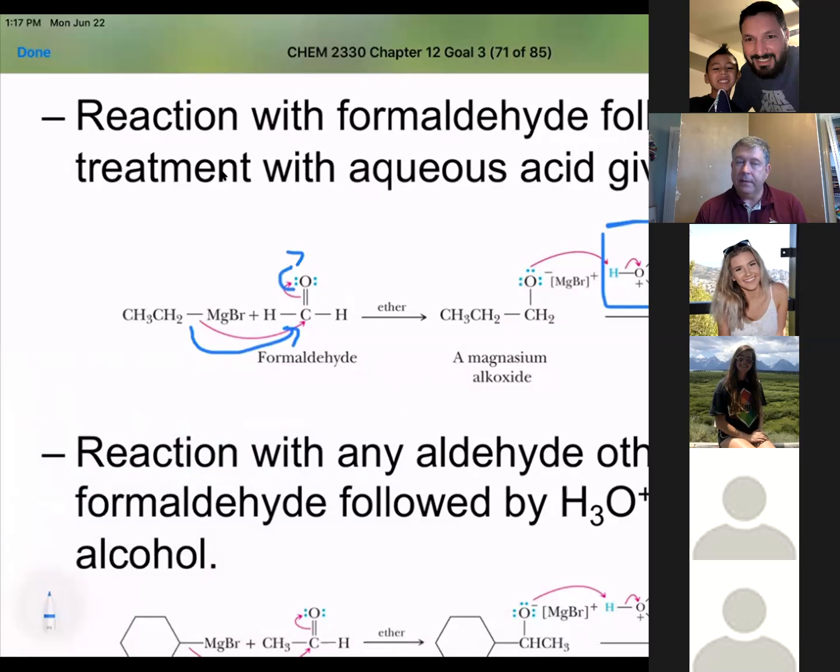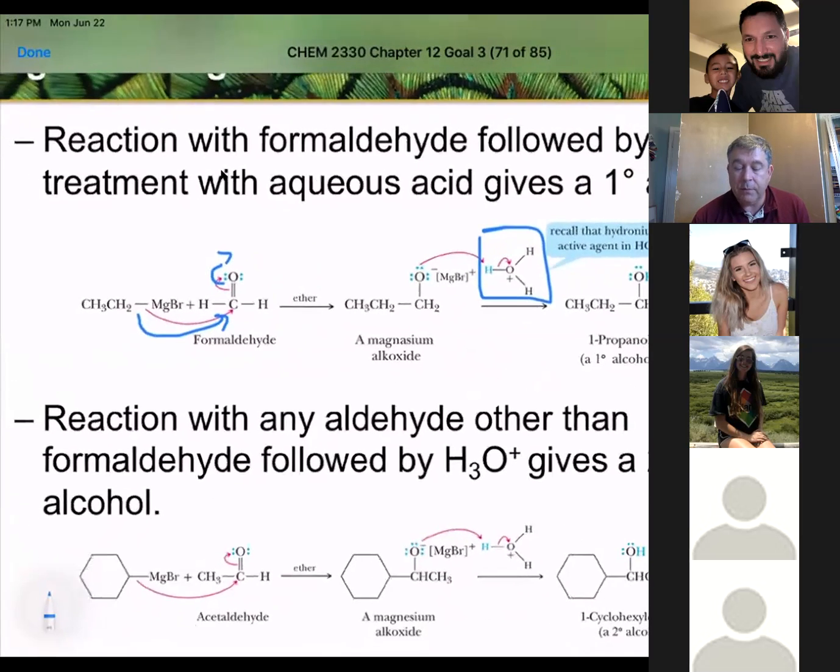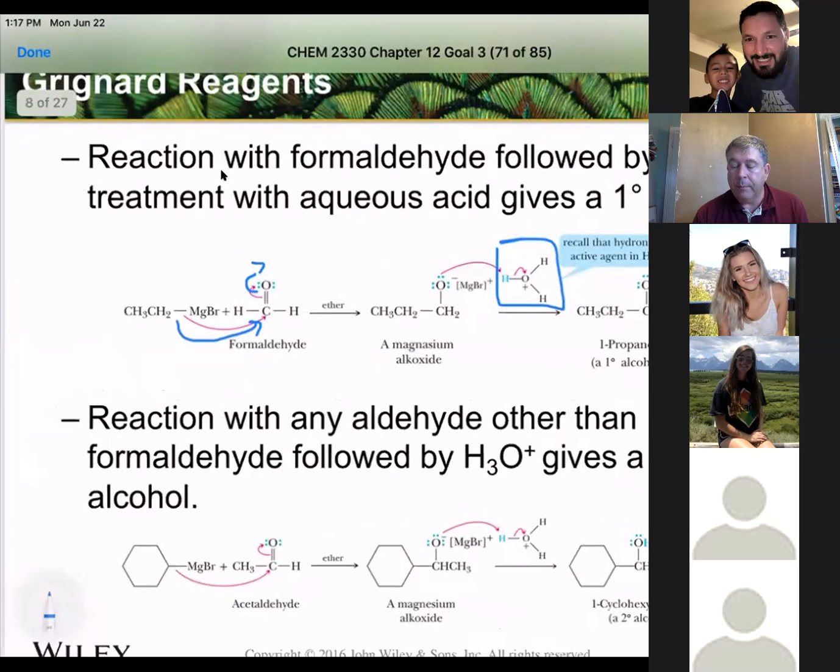But can you create different kinds of alcohol? The answer is yes. If you use formaldehyde, you will get a primary alcohol because the carbonyl already had 2 hydrogens on it, and those 2 hydrogens end up as the connection on the carbon here, and only your carbanion makes the longer chain.